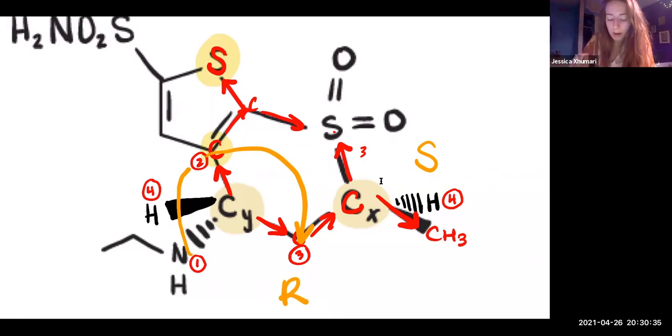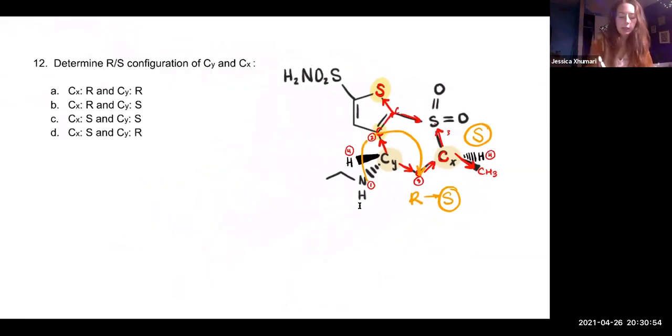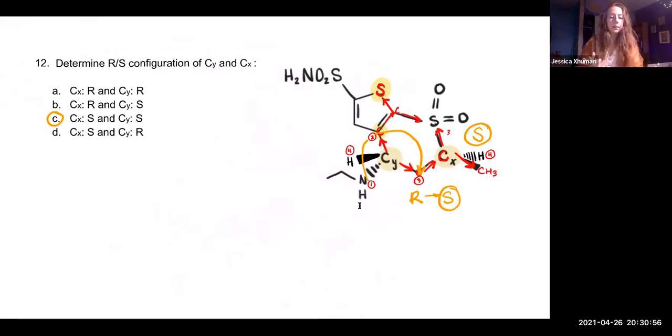So this will be R. However, we're not done yet because our hydrogen is in the wrong position. Our lowest priority group is not in the back, it's in the front. And so all we need to do is switch this to S, okay? So both of these configurations end up being S, and so then C is the answer. Okay, so that is everything.